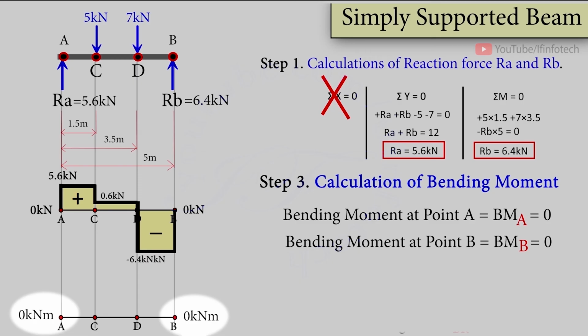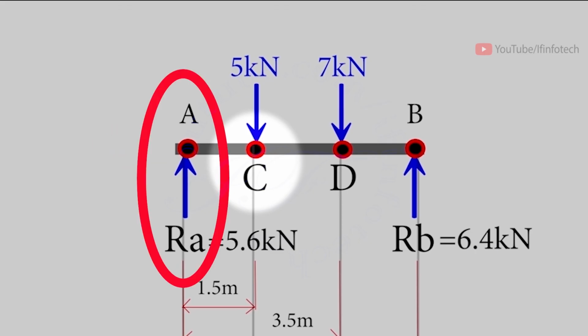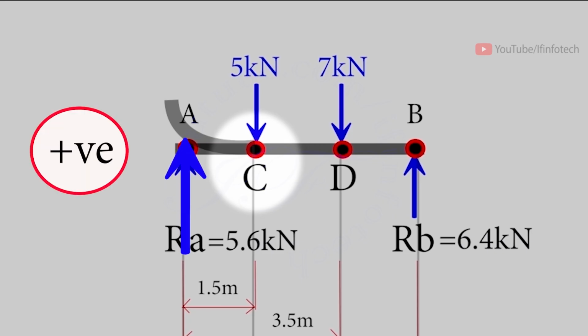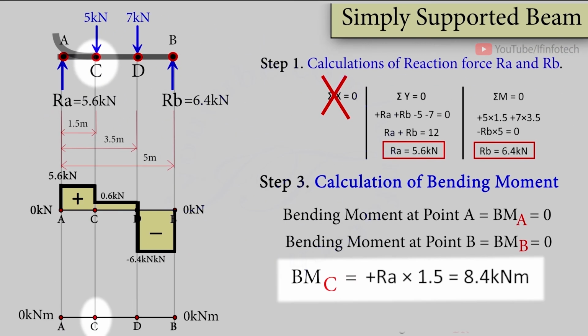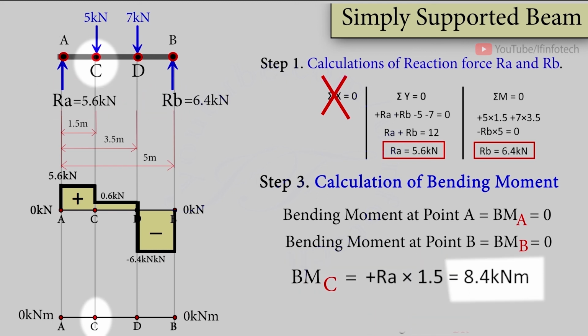Now to calculate bending moment at point C, here I will start from the left end of the beam, because there is only one force, that is 5.6 kN, which is an upward force, and due to this force the effect on the beam is sagging effect, and for sagging effect our sign convention is plus sign. So the force is plus 5.6 kN into distance from point of action of force, that is 1.5 meter. So the value of bending moment at point C is 8.4 kN meter, and here I will mark 8.4 kN meter above the horizontal reference line of the bending moment diagram.